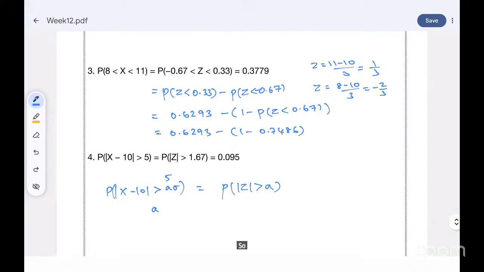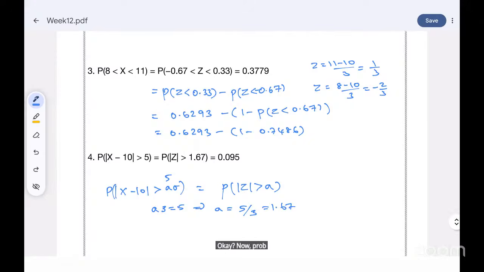A sigma is equal to 5, and sigma is 3, so A is 5 by 3, which is 1.67. So that is how we got this 1.67. Is that clear? Yes. Okay.